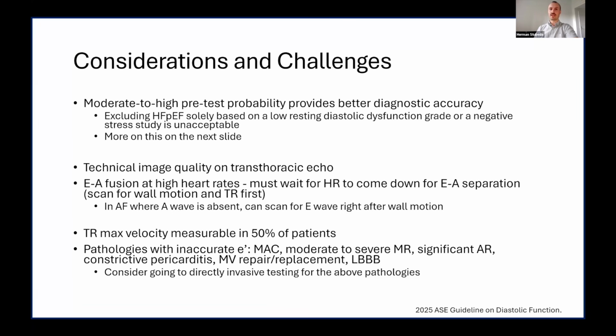So all of those can affect E primes and will reduce the accuracy of the test. So we must consider just sending these kinds of patients direct to invasive hemodynamic testing. So in all, there are quite significant challenges and significant barriers to ordering a diastolic stress test, and some of these limitations can make the test not diagnostic.